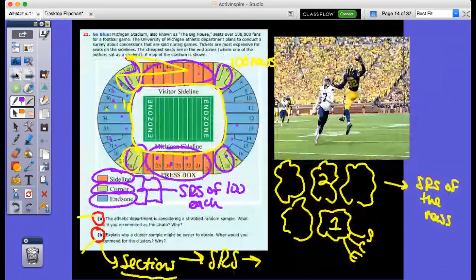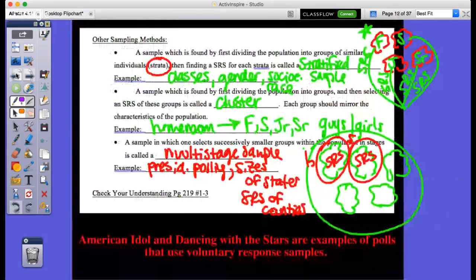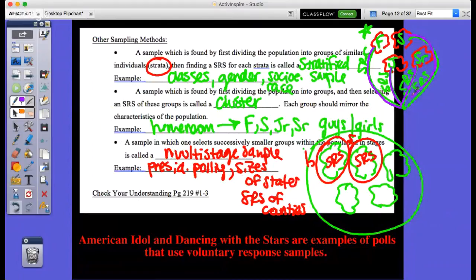Let's say you come to each of these sections within GAC: freshmen, sophomore, junior, seniors. Let's say that we try to get the SRS within each of our strata in this stratified random sample. And let's say there's a couple of seniors that say, you know what, I don't want to do this simple random sample. I don't want to waste my time. So they end up saying, I'm not doing this.